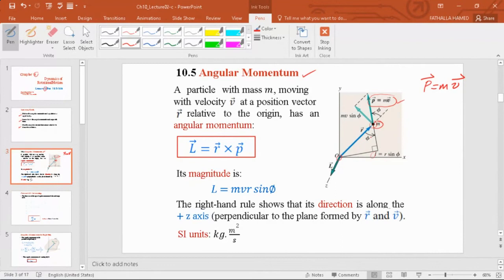If this line here along the linear momentum makes an angle phi relative to the position vector r, then this L here will equal r sine phi.